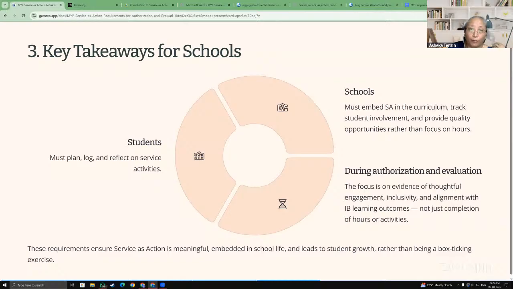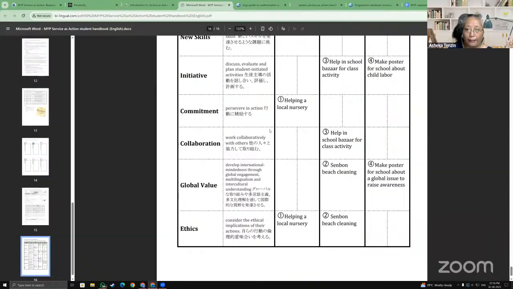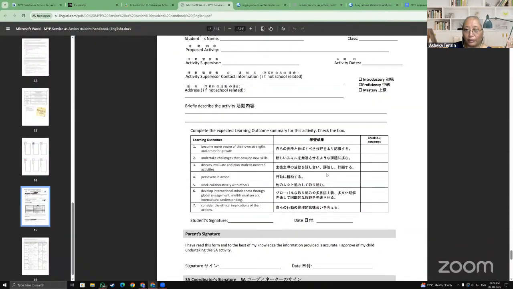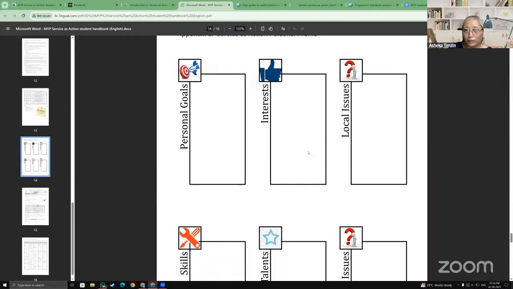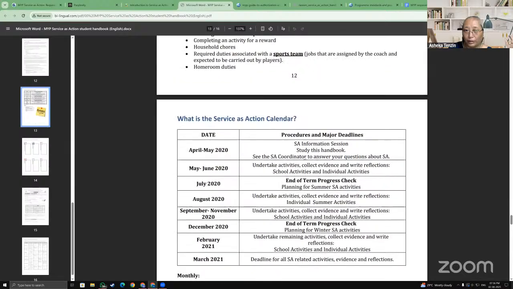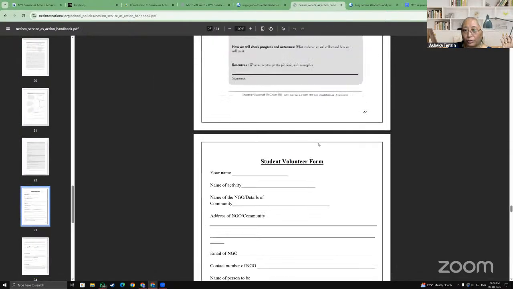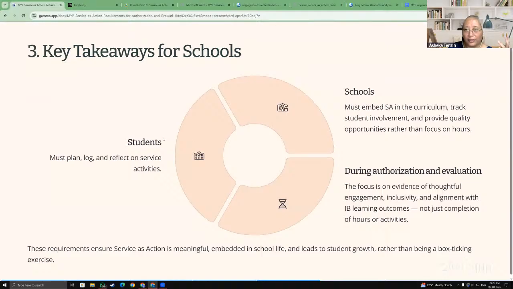So therefore, in order to do this, what you need to do is have this particular sheet. Okay, this particular sheet and the proposal sheet. Okay, the profile, and in this other handbook there is a proposal sheet also, so you can look at these two handbooks and create your own services action handbook.